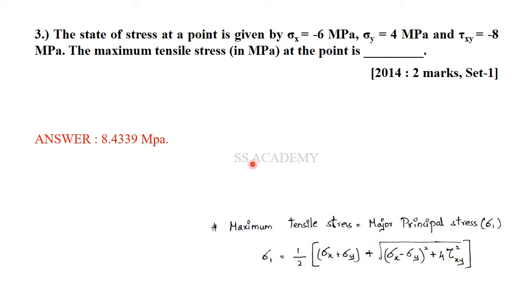If they ask for the minimum tensile stress or the minor principal stress, then instead of plus we replace it by minus. Just by substituting minus 6, 4 and minus 8 for tau xy, we get the answer as 8.4339 megapascal. It is a simple 2 mark question asked in set 1 of GATE 2014.